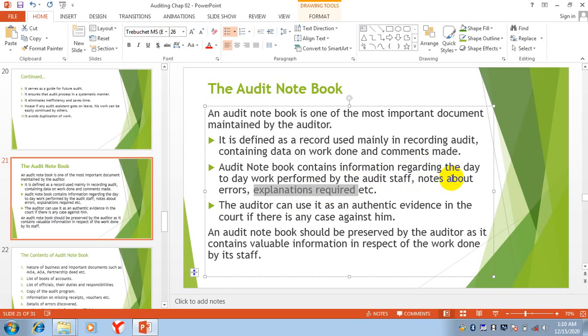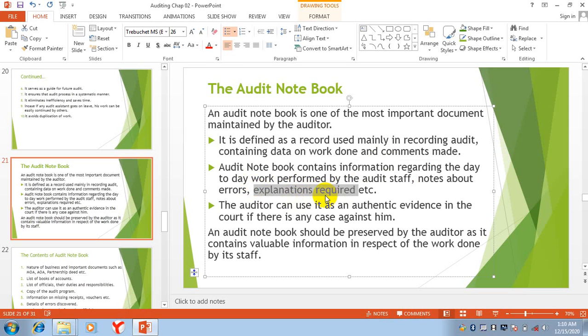So we are recording that. We will call for explanation about this from the company staff who maintained this data. Whatever explanations are required from which staff member, we will record it in the notebook.